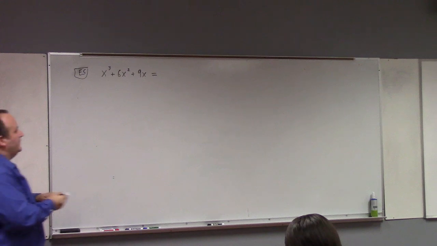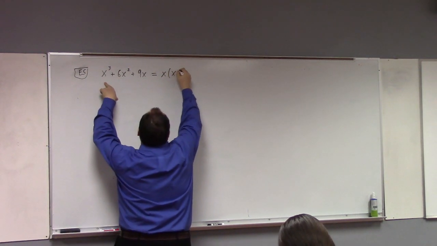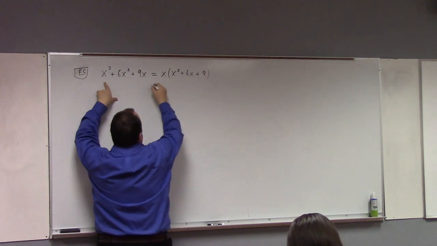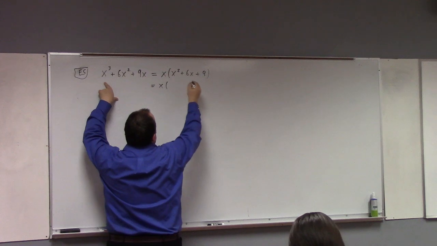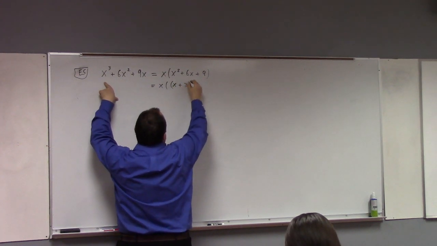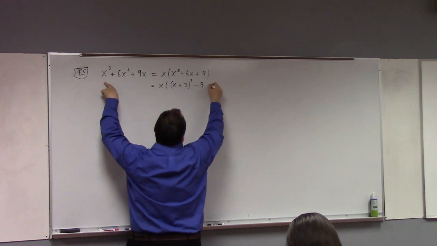So what do we do? First opening move, factor out the x, right? Like so. And then what happens when I complete the square here? X plus 3 quantity squared, right? I have to subtract 9 then.